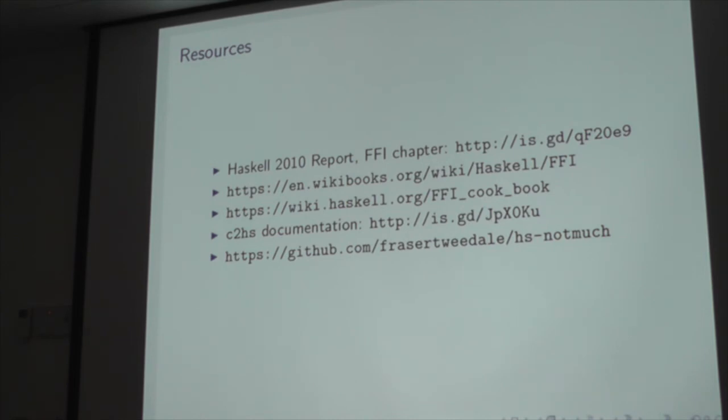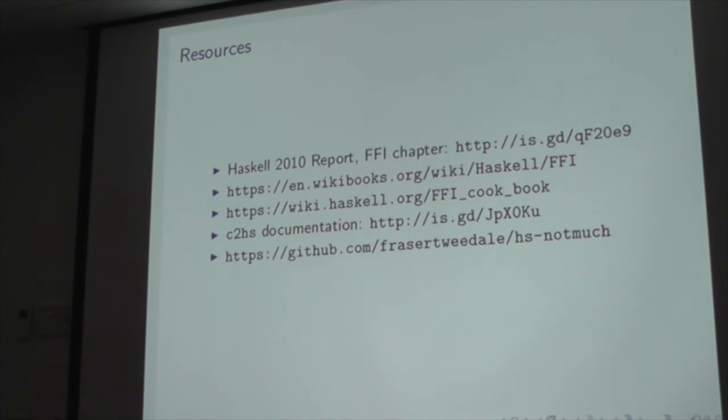There's a Wikibooks book on Haskell, which includes a chapter on the FFI. The FFI cookbook is really handy, so it contains a lot of instructive examples, in particular for dealing with common C idioms. The C2HS documentation is at this link. Again, these slides will be up a bit later.